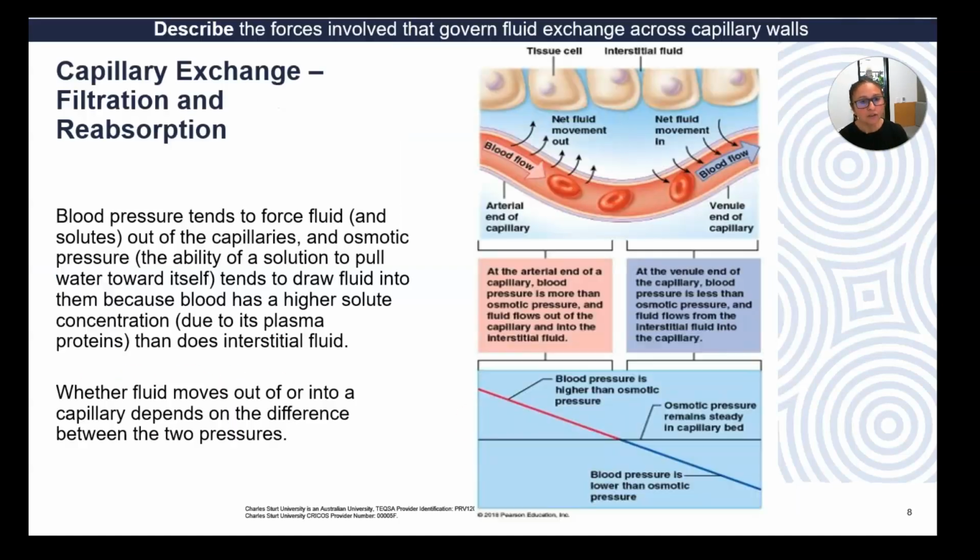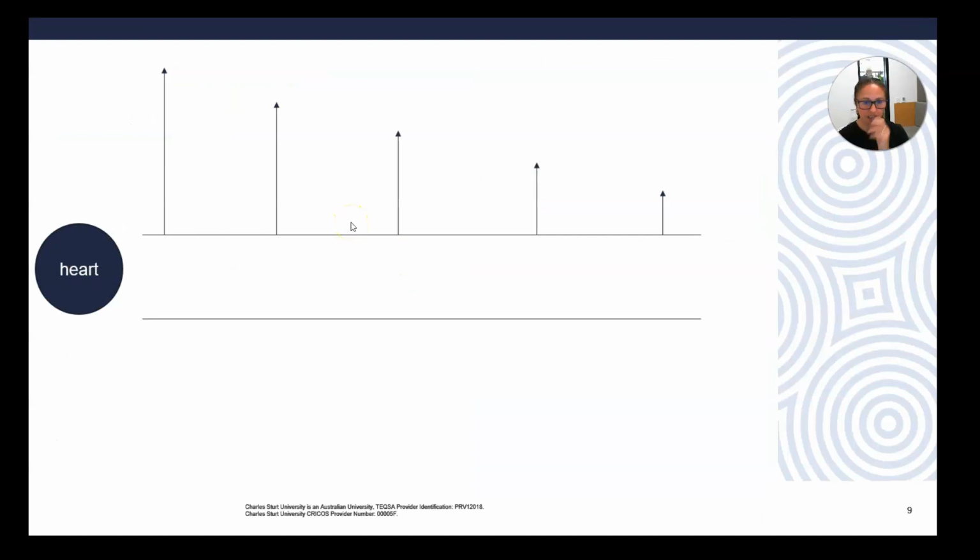When you look at it in this picture, as you move further away from the heart, the blood hydrostatic pressure decreases. I'm going to put in another element we need to think about with regards to pressure. The first pressure is the blood hydrostatic pressure, and look what it does over time.